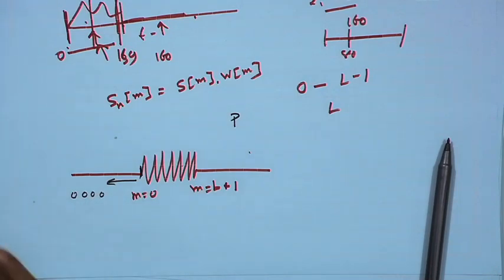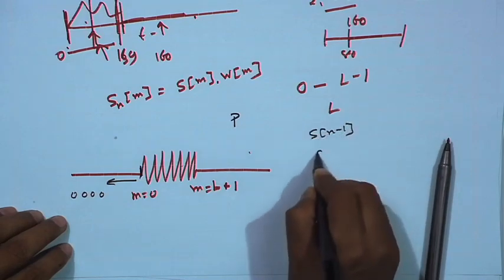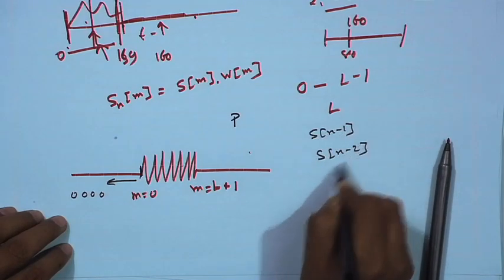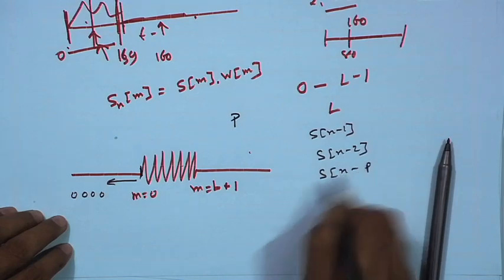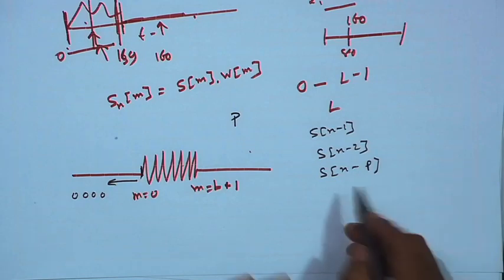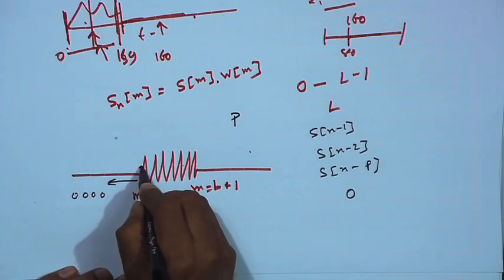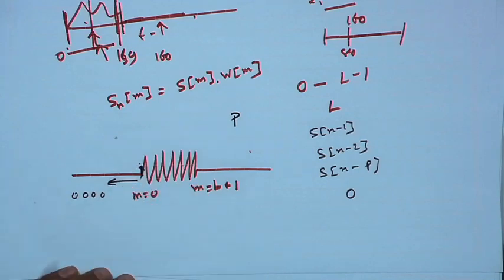So, s(n minus 1), s(n minus 2), up to s(n minus p) are all 0. What is the linear combination of those zeros? I get 0, but the next, first sample value is not 0. Let us say this first non-zero sample has value x.